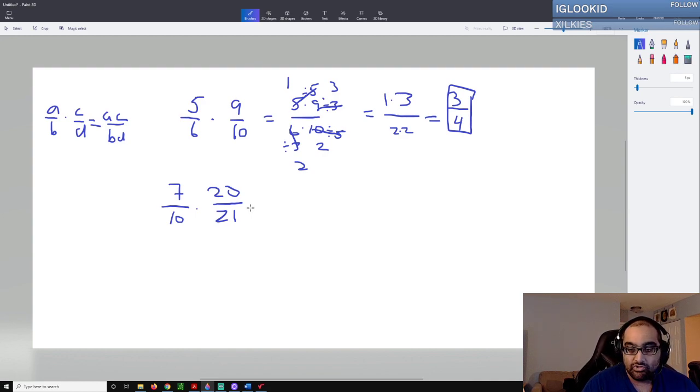So if I were to look at this particular example, 7/10 times 20 over 21, what would be two numbers that have something in common with each other? One you have to pick from the numerator and one you have to pick from the denominator.